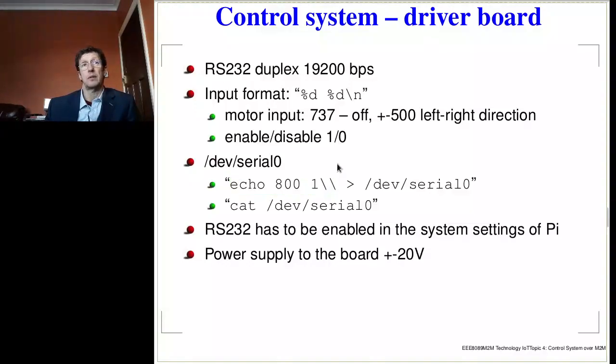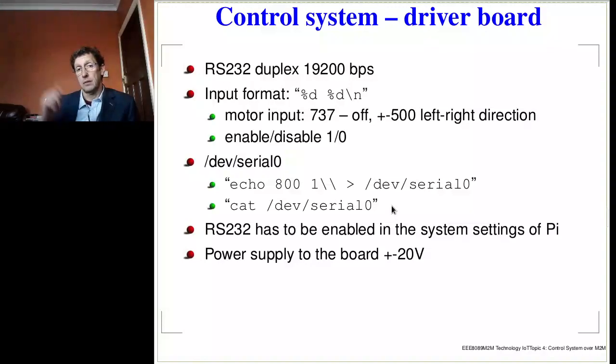Backslash backslash means that a backslash symbol will be produced there. If you do this without that, then you will see this writing on the screen, nice standard output. But here we are redirecting the standard output into device serial 0. Right? So that's this one.